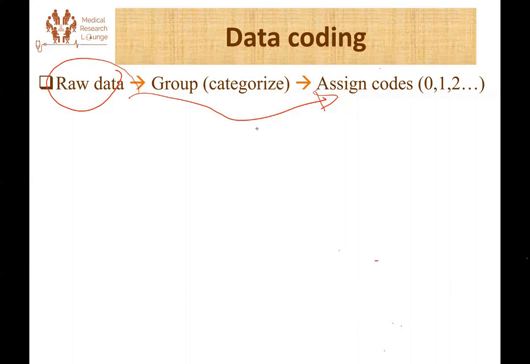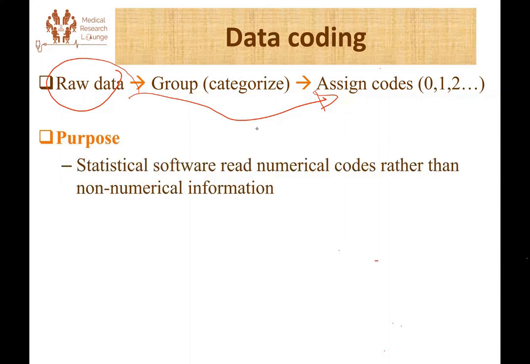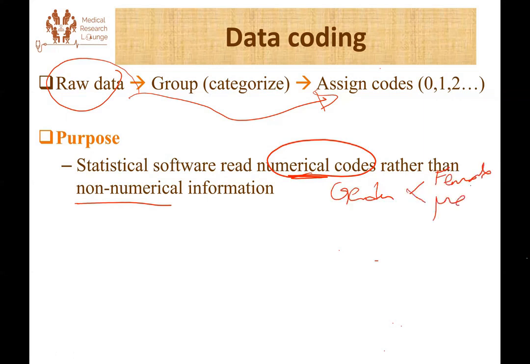The purpose, thank you, is that the data be recognizable by the software. Yes, our statistical software reads numerical codes rather than non-numerical information. Let's say we have gender information and we label it as male and female.